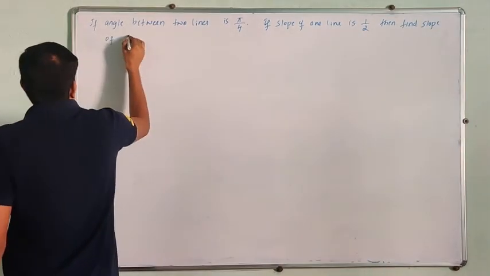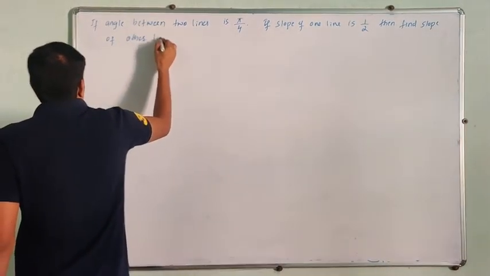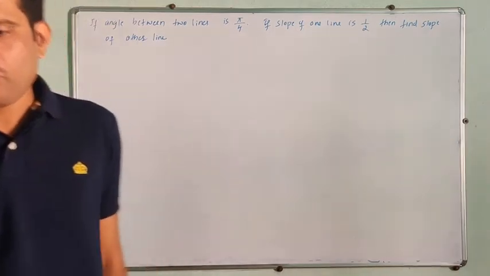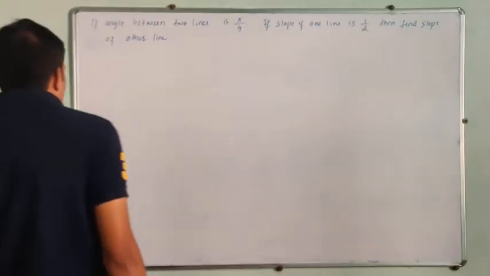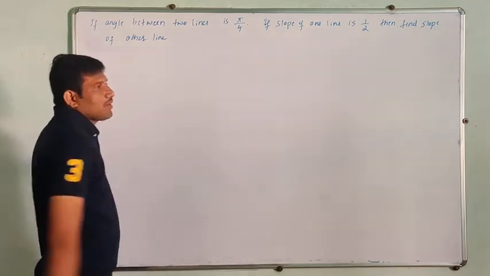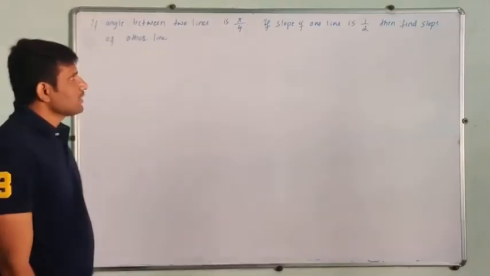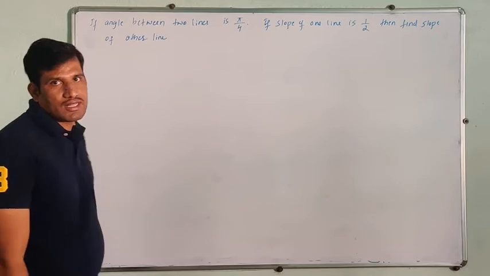See students, if angle between two lines is pi by 4, if slope of one line is 1 by 2, then find slope of other line.